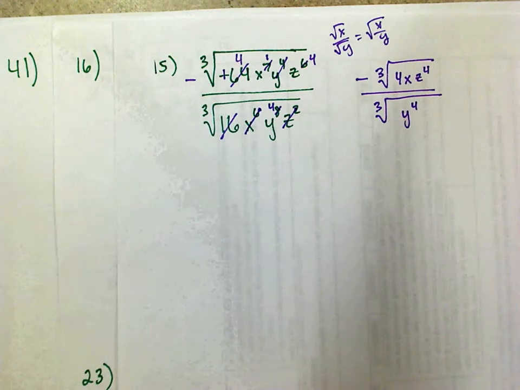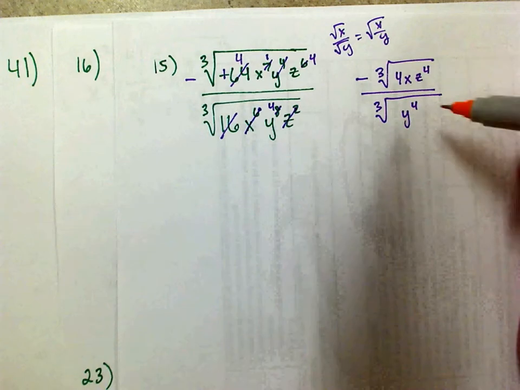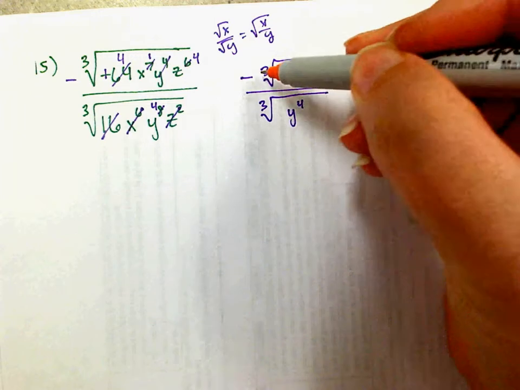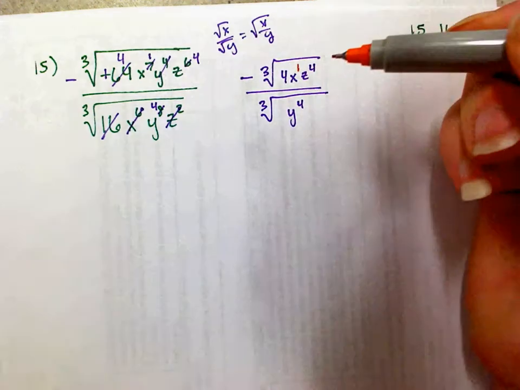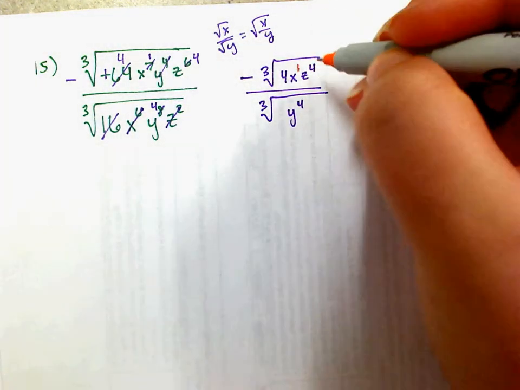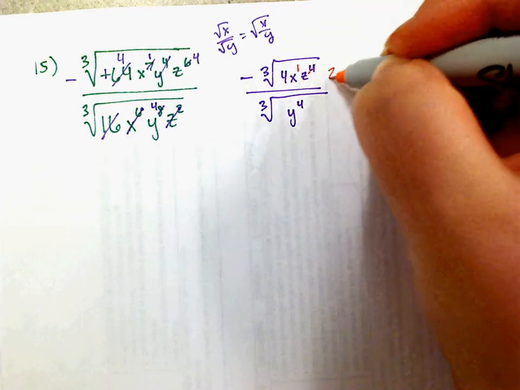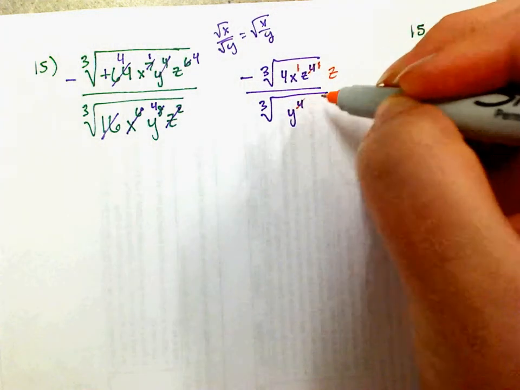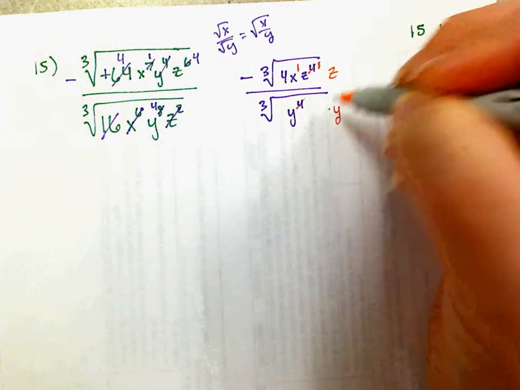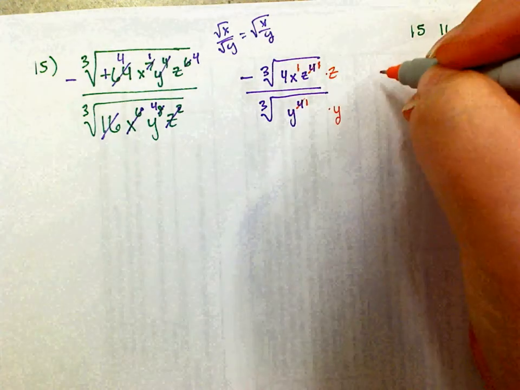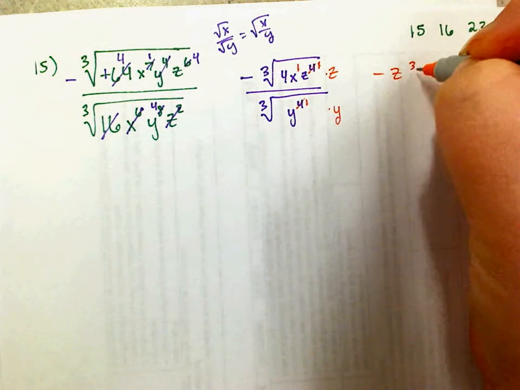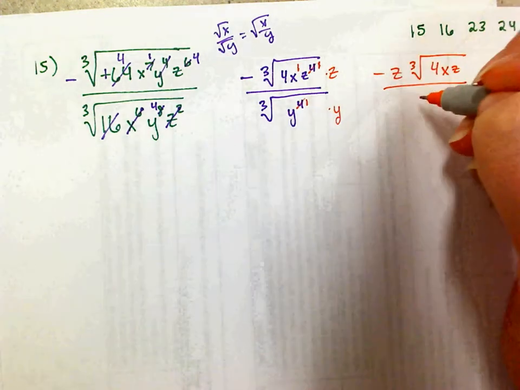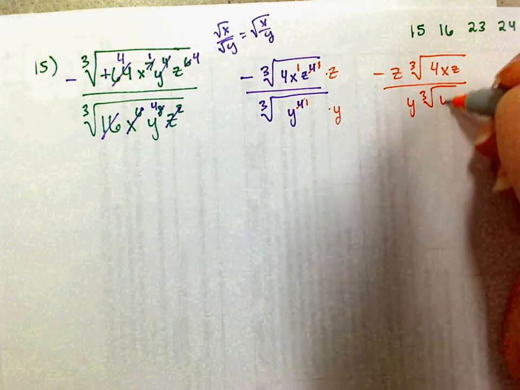Now, before I start trying to rationalize by multiplying the cubed root on top and bottom, I want to simplify these variables. 3 does not go into 1, so I can't simplify that, but 3 does go into 4 once, so I put a z on the outside, and I have 1 left over. 3 also goes into 4 here once, 1 on the outside, and then 1 left over. So I'm actually dealing with negative z times the cubed root of 4xz over y times the cubed root of y.